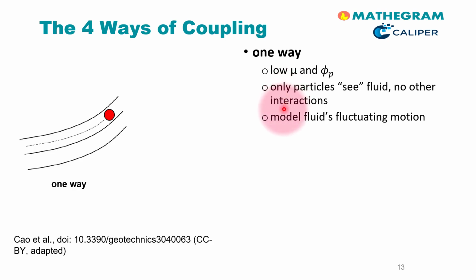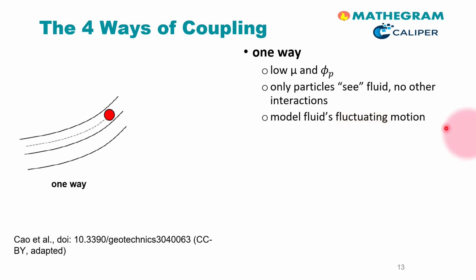Since particle mass loadings are small, fluid turbulence might be important, and hence it is typical for these applications that the fluid's fluctuating motion is modeled in some way, e.g. with a stochastic algorithm that aims at predicting the local fluctuating velocity.